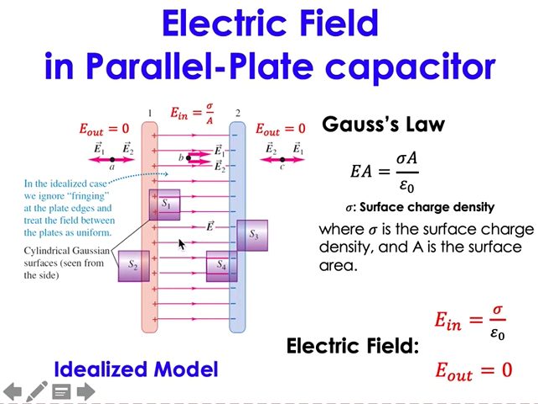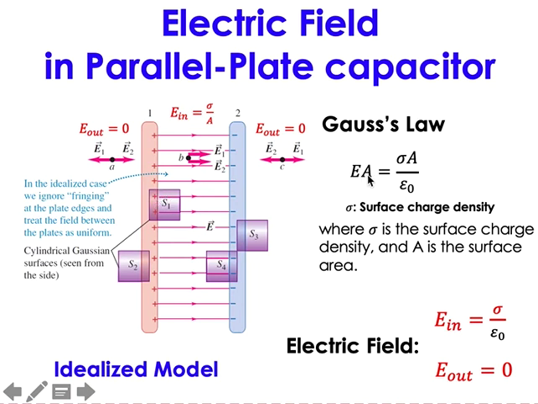On the other hand, for this S1, because all the charge is distributed just on this surface, the electric flux through this column should be equal to EA. A is this surface area.